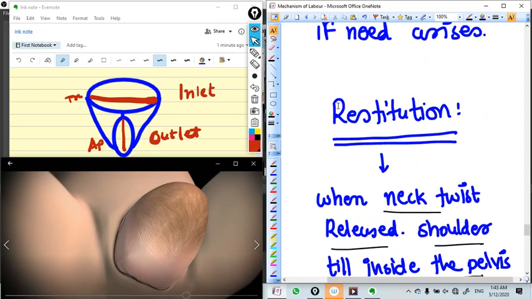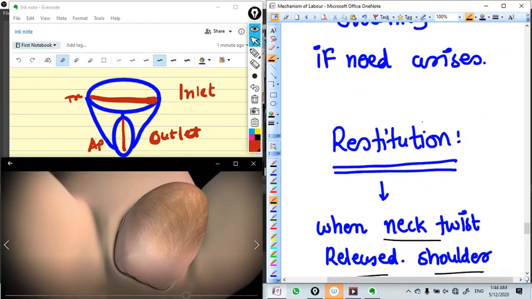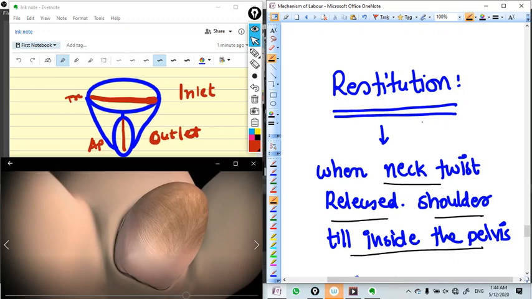When the head comes out, you remember that it has a neck twist of 45 already with the shoulder. So immediately the neck twist is relieved by rotating 45 in the opposite direction of the internal rotation.